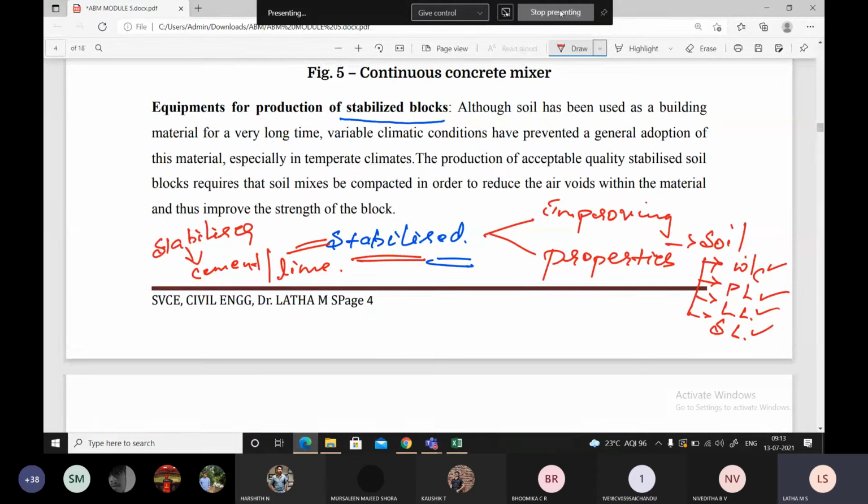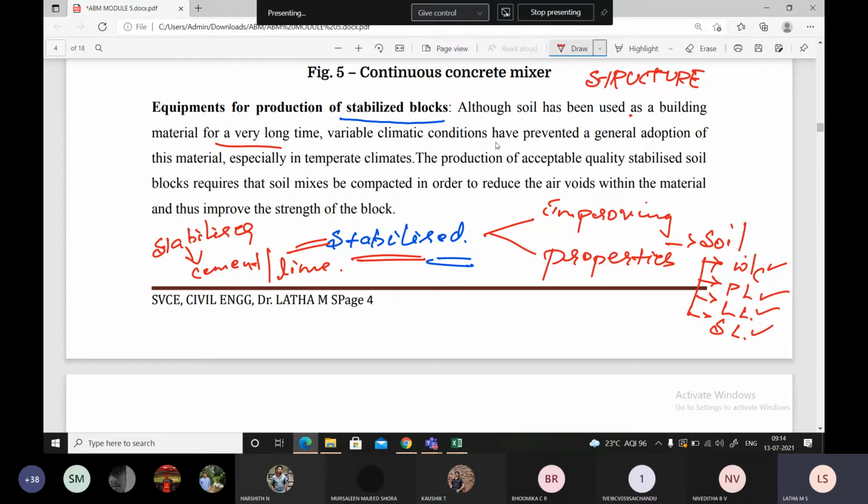Although soil has been used as a building material for a long time, see students, soil block construction is a structural construction. Please keep that in mind. It takes up loads. Today you can see concrete, but a few decades back soil had been used for construction for a long time, for a number of decades.